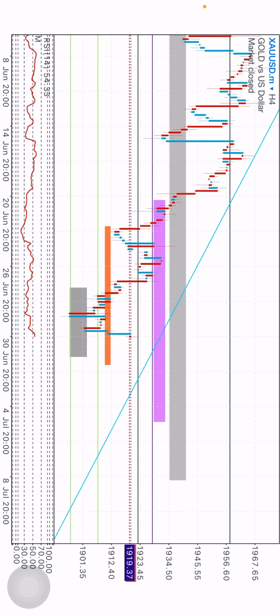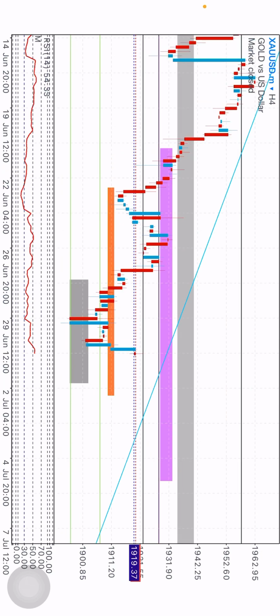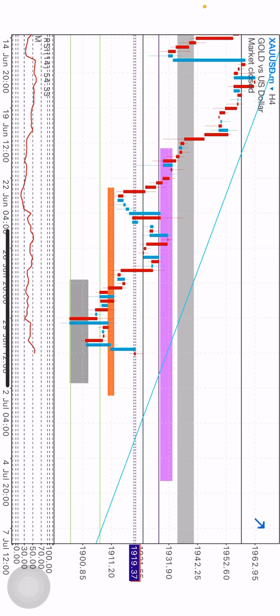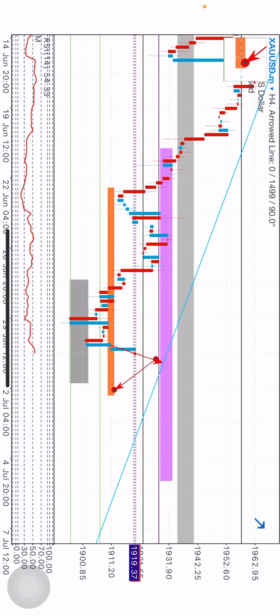So now you're probably wondering what price is going to do. Is it going to go upwards or downwards? In my observation, I feel price is about to do this. All right, first, and then price is going to do this.